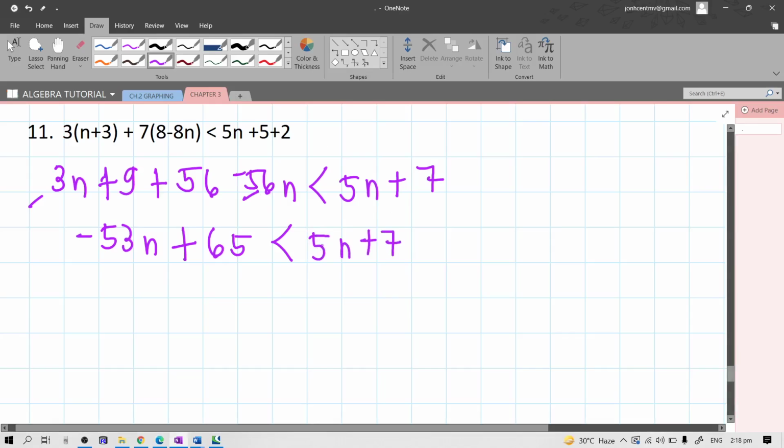Okay? So, mas malaki dito. We have negative 5n, negative 5n. Then, we have negative 58n plus 65 is less than 7. Okay?